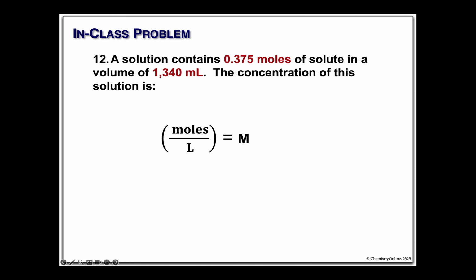Simple, divide by 1,000. Concentration, let's substitute. 0.375 divided by 1.34. Do the calculation. It's 0.280 moles. We're running 3 significant figures here. Everyone good with this?